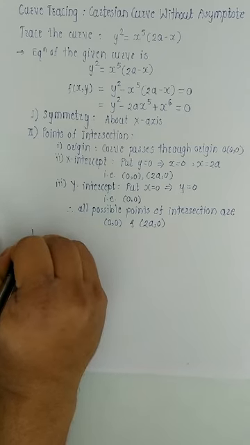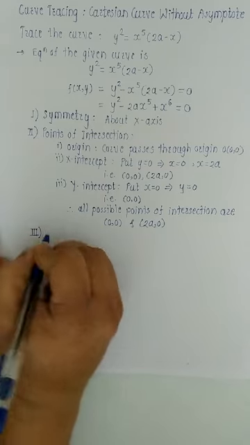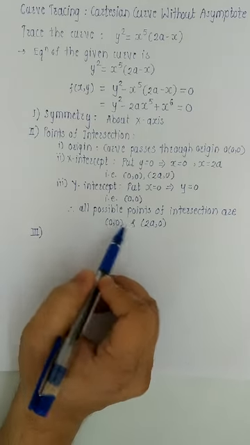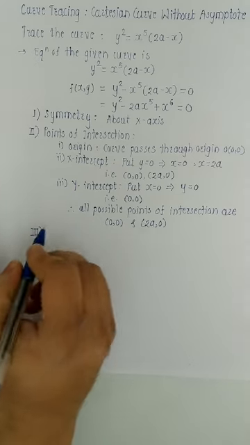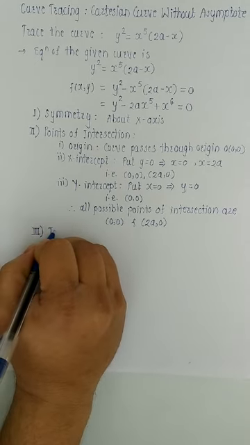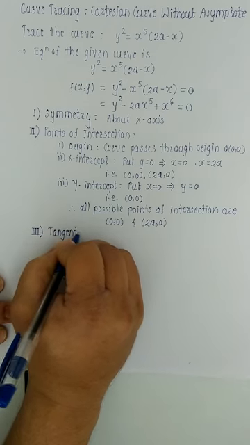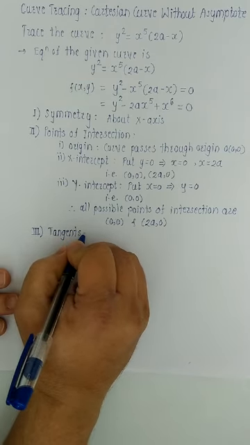Now in the third characteristic, at the points of intersection we have obtained, that is 0, 0 and 2a, 0, we are going to obtain the tangents to the curve, and check whether we get tangents at these points or not.